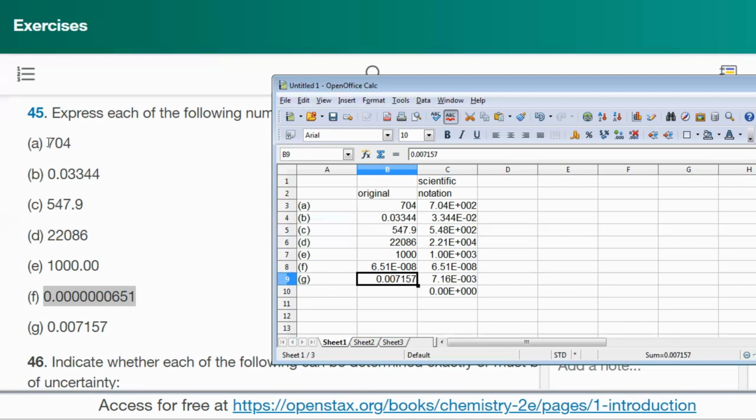So for question 45A, 704 has 3 significant figures because you start from the left and you take the first non-zero number.